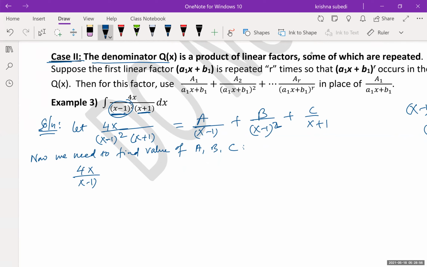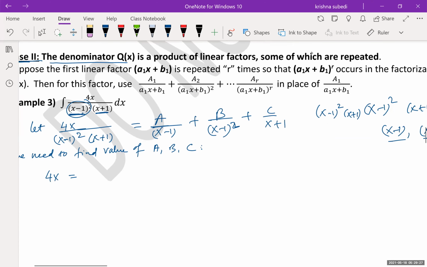If I multiply both sides by (x minus 1) squared and (x plus 1), I'm going to get 4x equals this bottom part. Remember, we multiply both sides by (x minus 1) squared and (x plus 1).